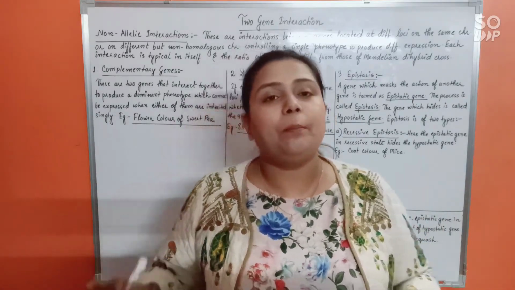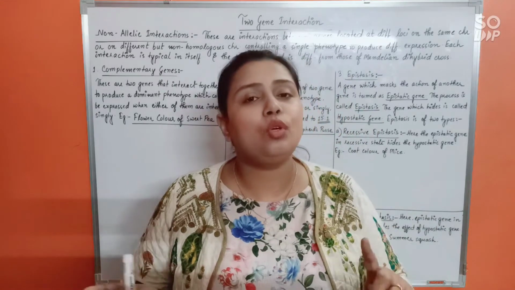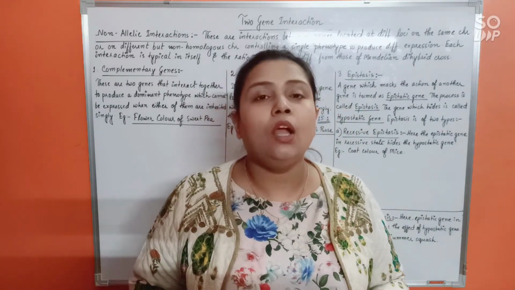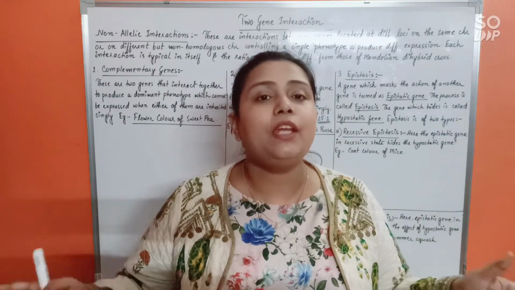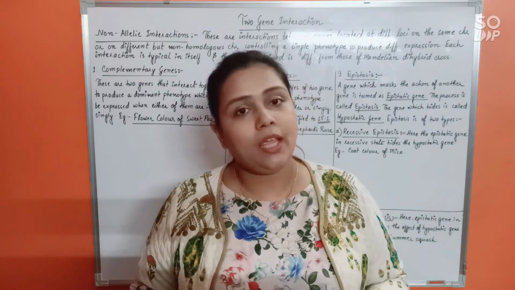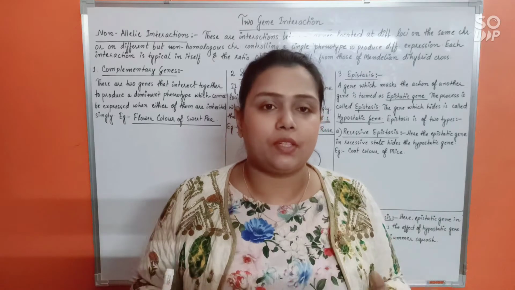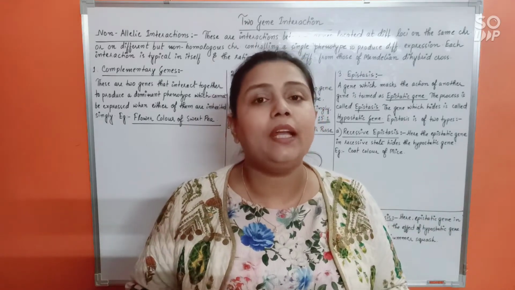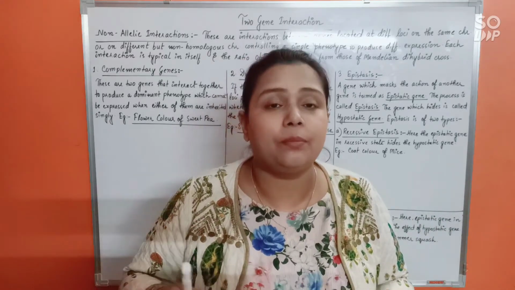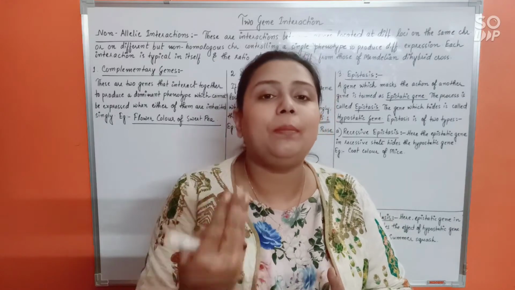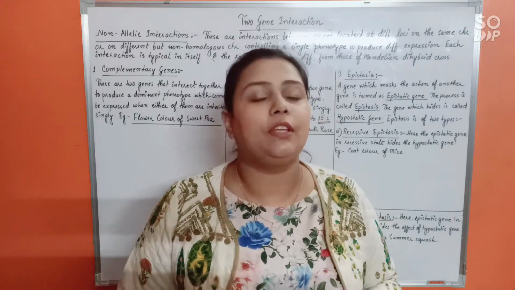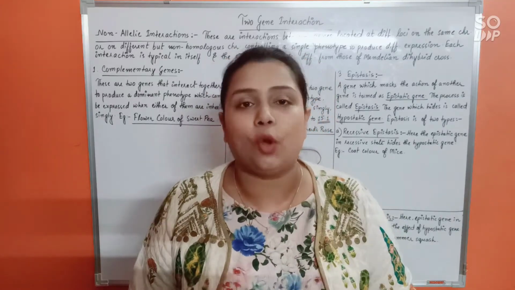Likewise, complementary genes means two different genes which, when inherited together, that means when dominant alleles are present for both genes, we say that gene product will be present in the body of the organism.